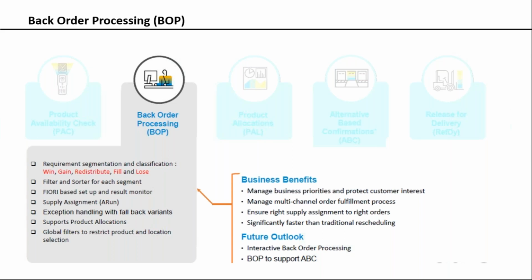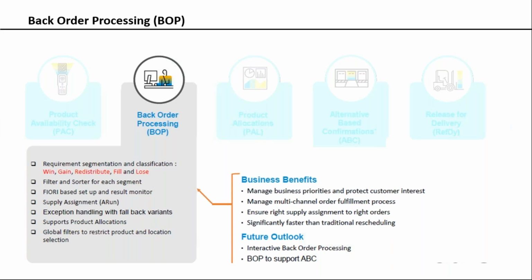Now the filter and sort criteria can be created using Fiori apps. And supply assignment, which is called ARN for short, is typically a functionality that exists in AFS, Apparel and Footwear Solutions.